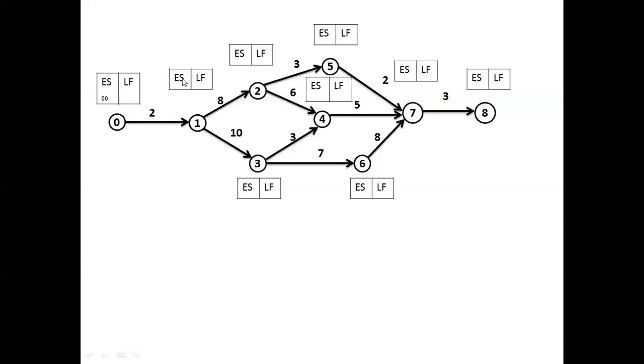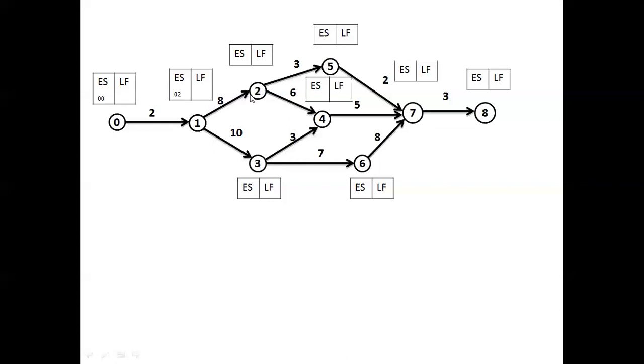That is, the earliest possible start time for activities 1 to 2 and 1 to 3 is 2, because the 0 to 1 activity completes on the second day, and immediately activity 1 to 2 and activity 1 to 3 will start concurrently on the second day.